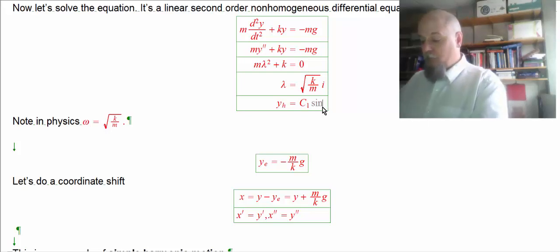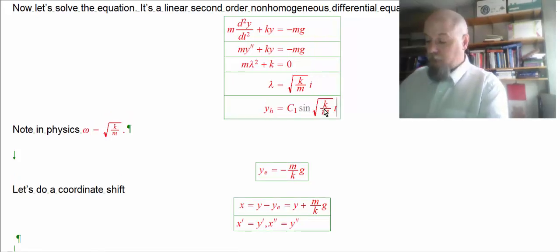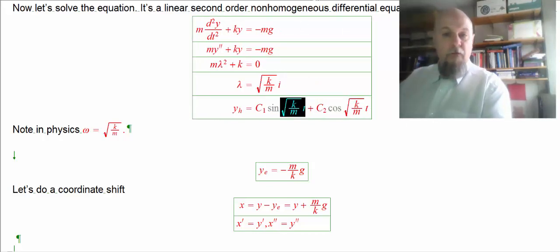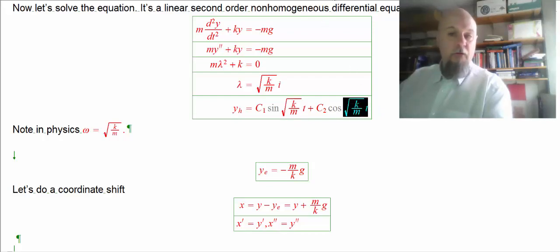We're not going to write that, but we could. So this would be our homogeneous solution to that linear second order constant coefficient differential equation.